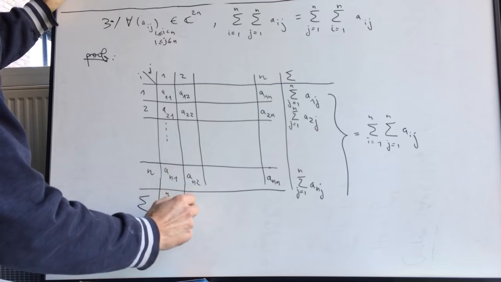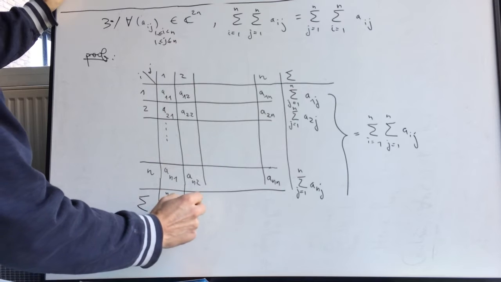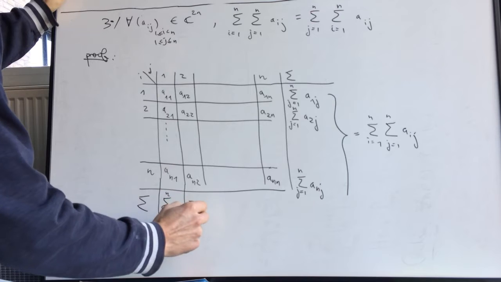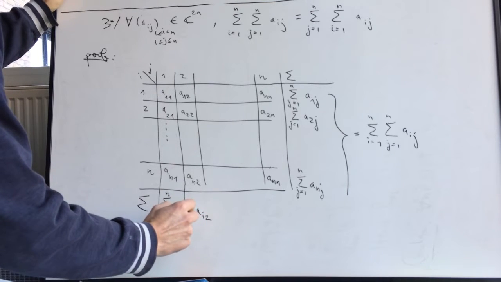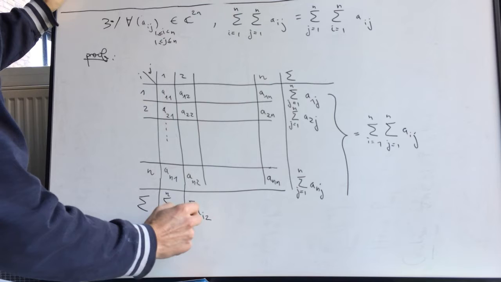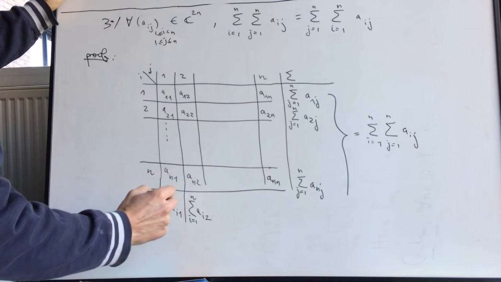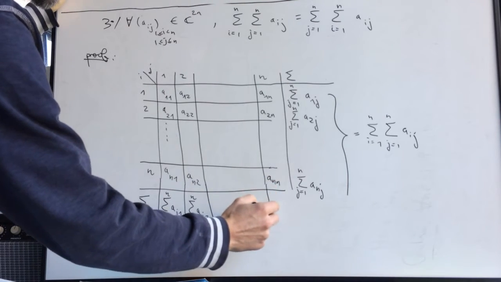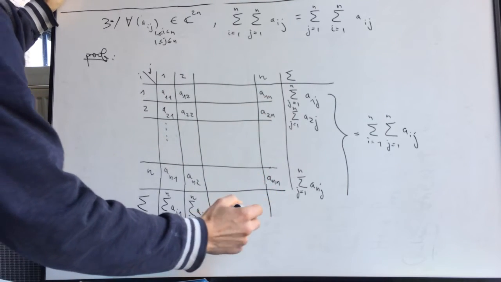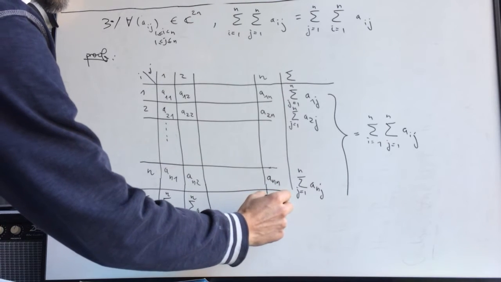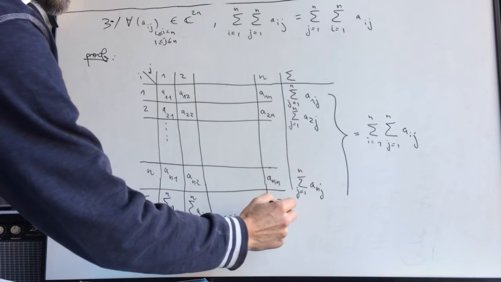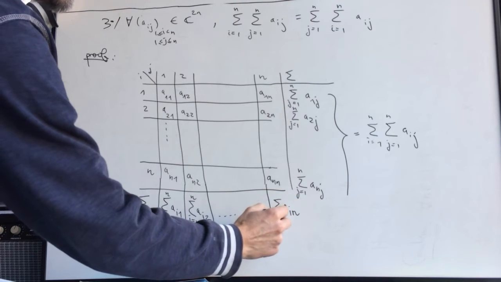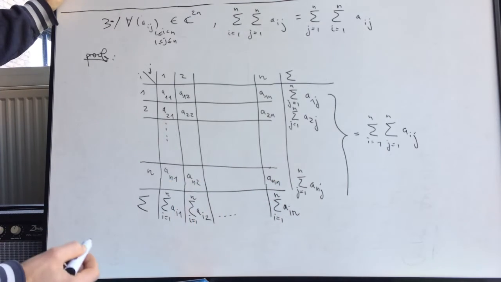When we sum all the terms of the second column, we get the summation of a sub i2 when i is going from 1 to n, and so on. And when we sum the terms of the last column, we get the summation of a sub in when i is going from 1 to n.